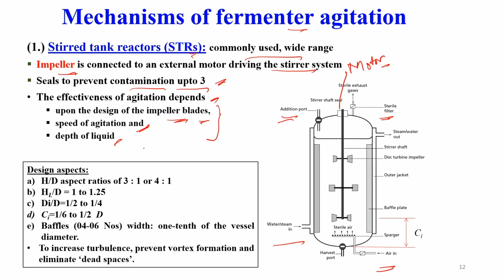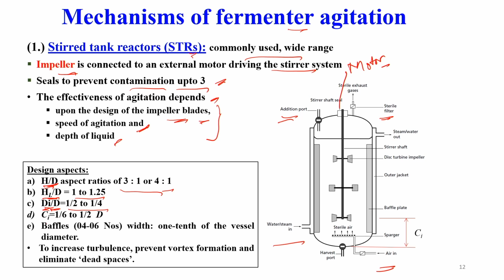Typically, the aspect ratio, height to diameter, varies between 3:1 to 4:1. Height of liquid to the diameter is 1 to 1.25. So, you just see there will be enough head space, and the diameter of the impeller to tank diameter is 1/2 to 1/4.